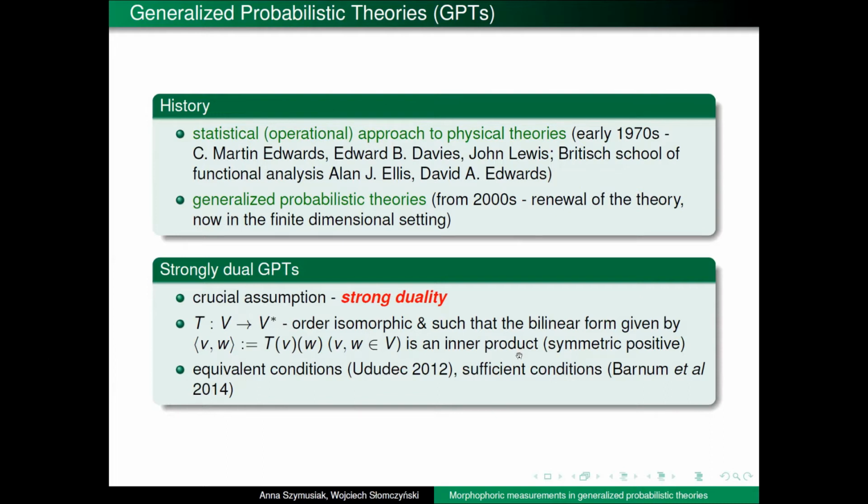So in these strongly dual generalized probabilistic theories, we can introduce some geometry on the set of states, namely some inner product structure.